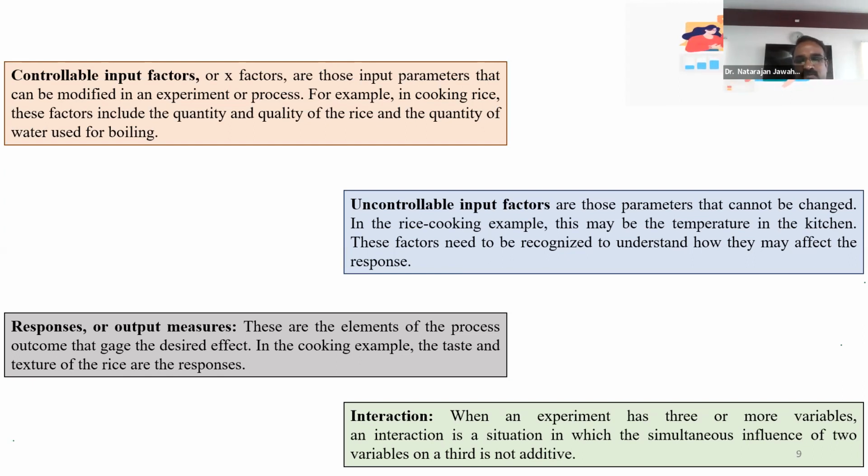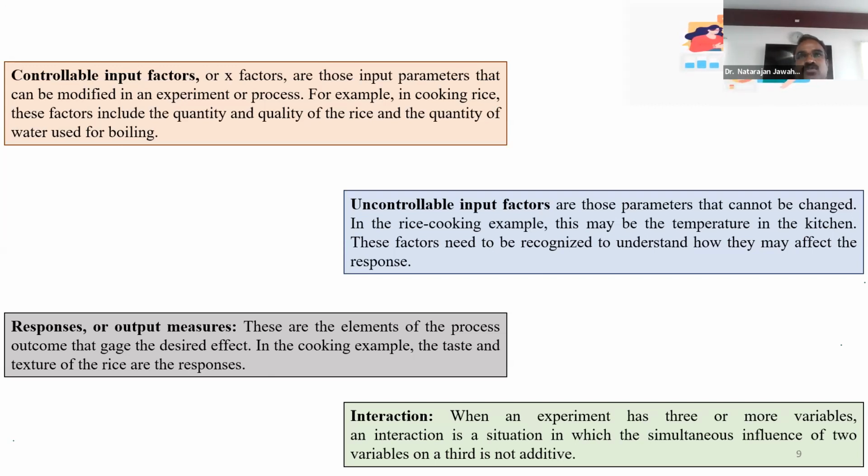So what are uncontrollable input factors? Those are parameters which cannot be changed. In the same rice cooking example, this may be the temperature in the kitchen. You have the quality of rice, the quantity of rice, the quantity of water for boiling, and you have started boiling.